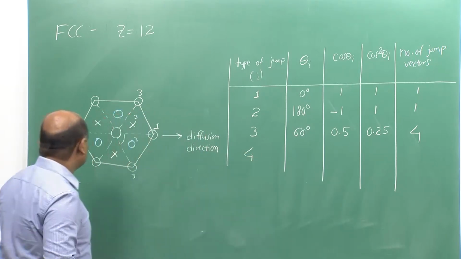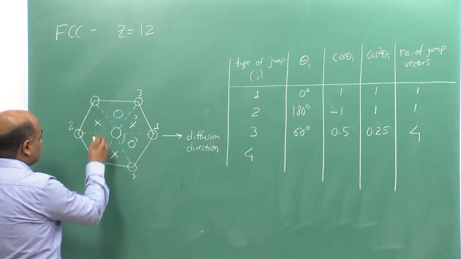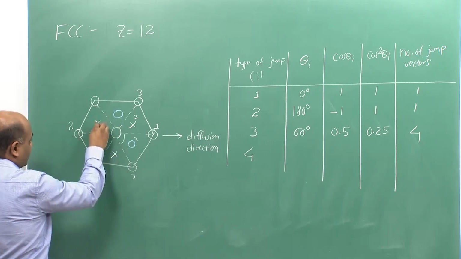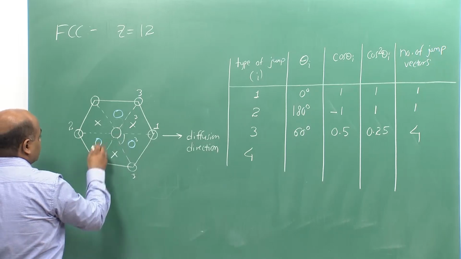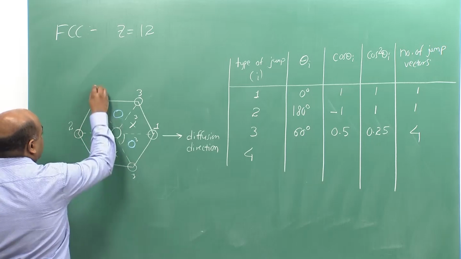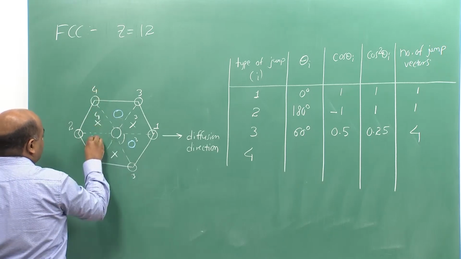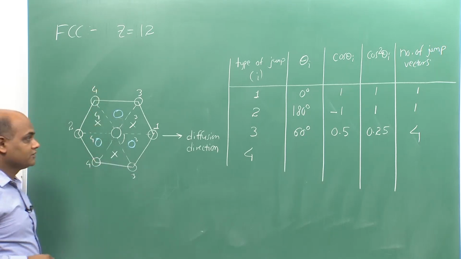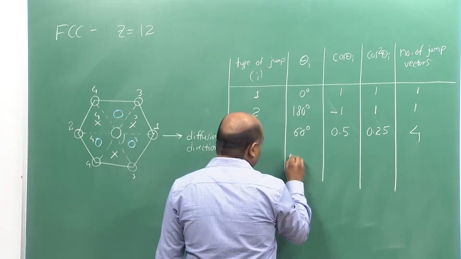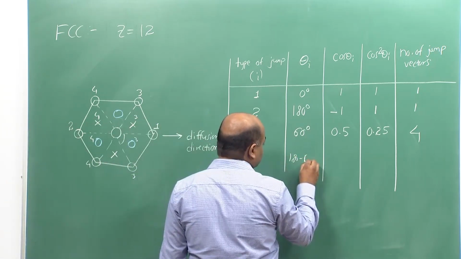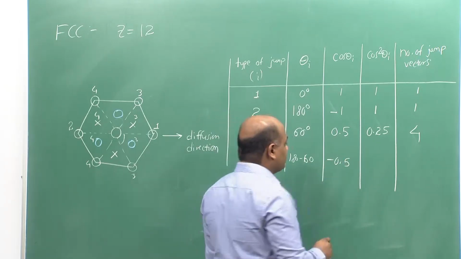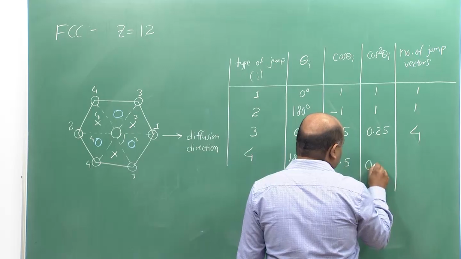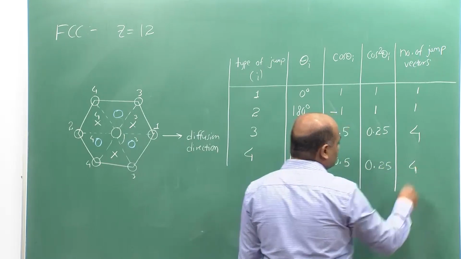And type 4, by symmetry, these 4 are making an angle of pi minus 60 degree, or 180 degree minus 60 degree. So, this is type 4. They are making an angle of 180 minus 60. So, cos theta is minus 0.5, cos square theta is 0.25, and 4 such atoms.